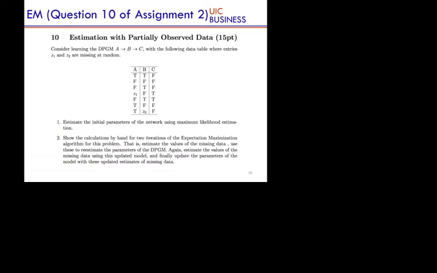So you can consider the FT row as well, because for A you can consider the 6th row, which is TF. For A you can consider T. Yeah.